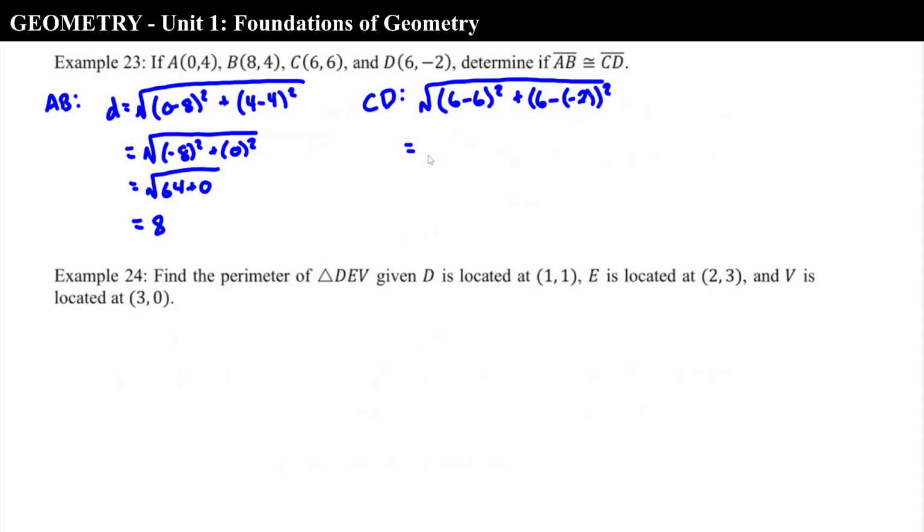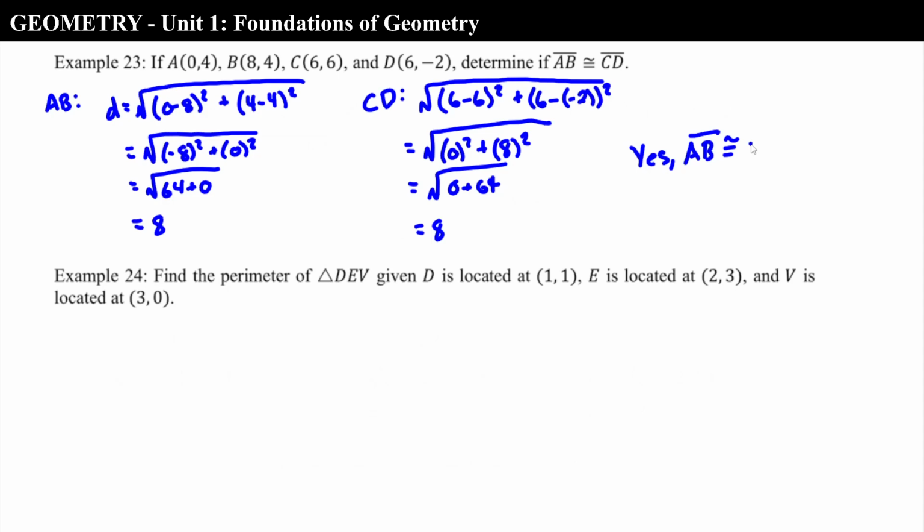Okay, so now we have the square root of 0 squared plus 6 minus negative 2, that's going to be 8 squared. So we have the square root of 0 plus 64, which is just the square root of 64, which is also 8. So we can say yes, segment AB is congruent to segment CD.